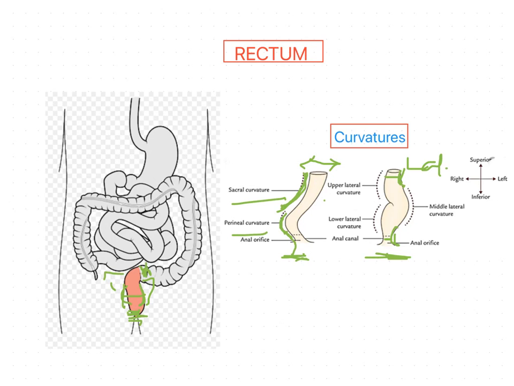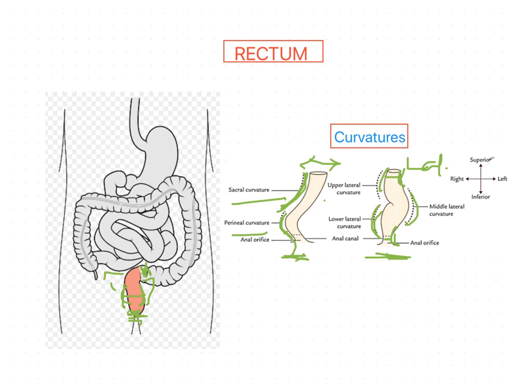That means on the left side, upper and lower are concave, and there is convexity on the right side. In the middle portion, we can see the convexity on the right side. This middle portion is the most prominent curvature we can observe. So these are all the curvatures of the rectum.